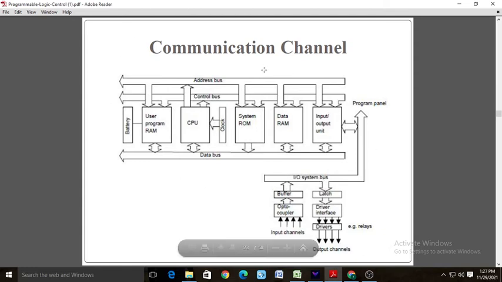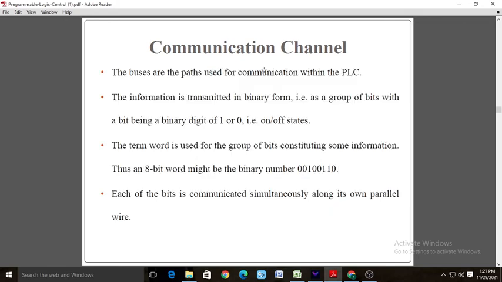We already know that while operating the PLC, the wiring is very critical, and there is a lot of wiring we need to connect, which is to be performed by a skilled operator or skilled worker. The buses are the paths used in communicating within the PLC.